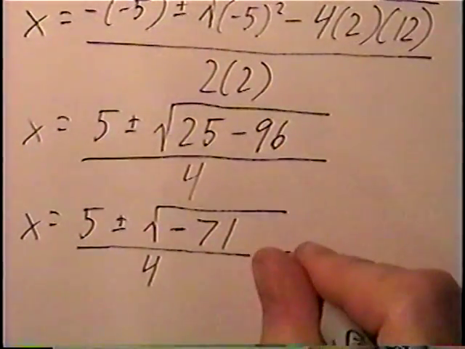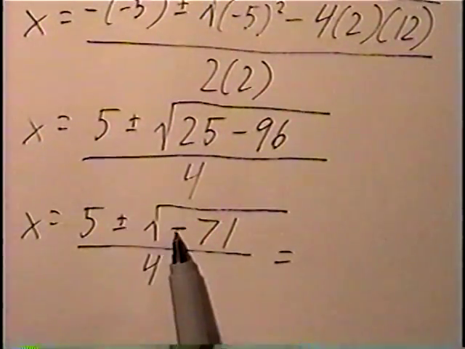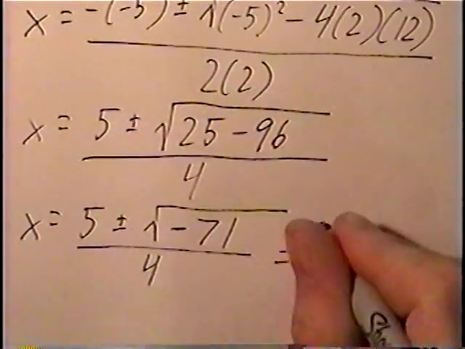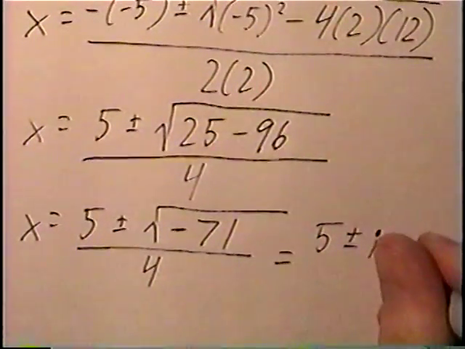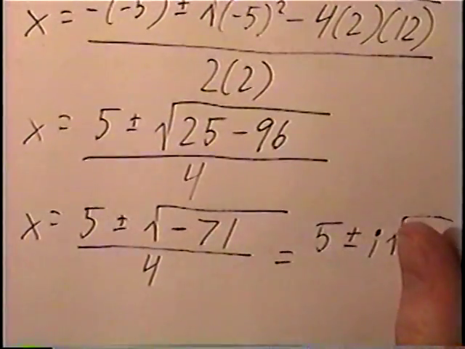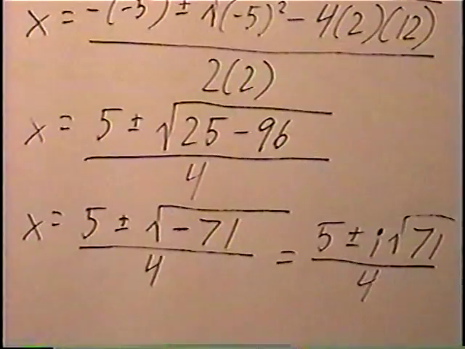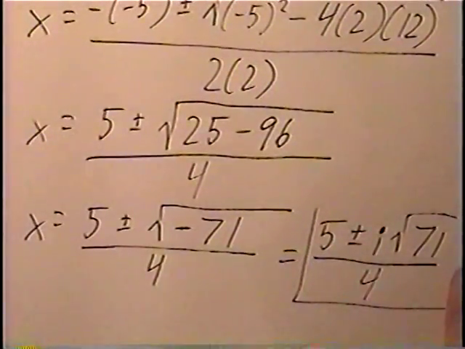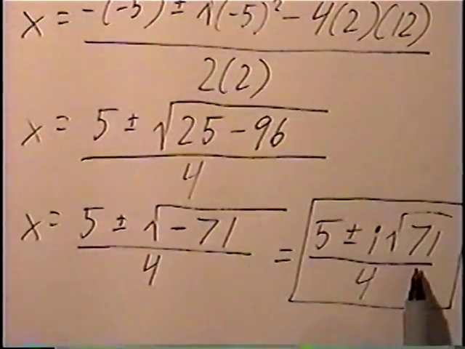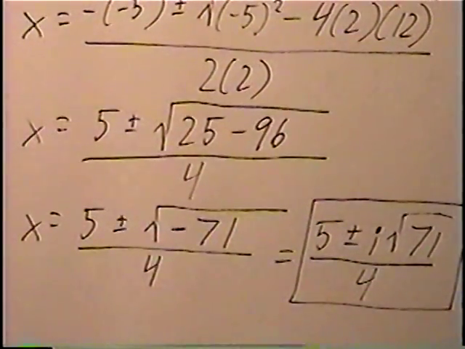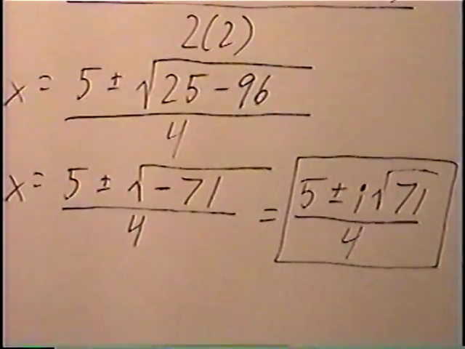And the last step to simplify, the square root of 71 cannot be simplified, but since it is a negative, we can take the square root of the imaginary number by putting i on the outside of the square root, and 71 we can leave as positive 71, all divided by 4. So our final answer as a complex fraction would be 5 plus or minus i times the square root of 71, divided by 4. And the last part of the question is state the number and type of roots.